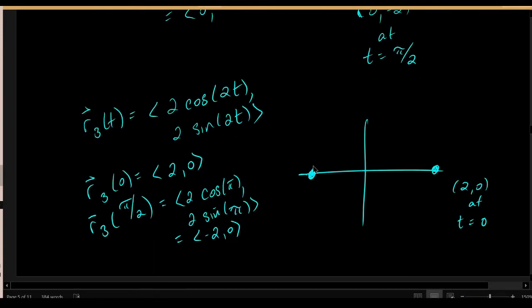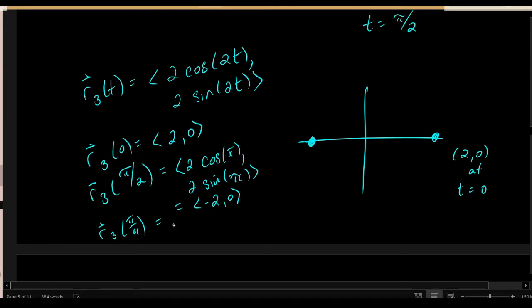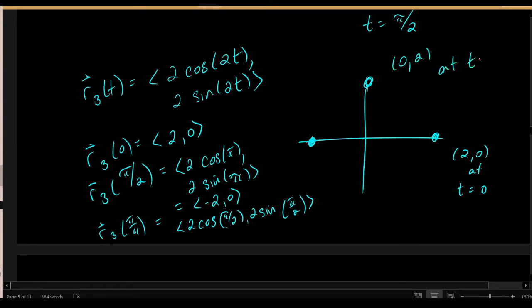If I wanted to reach the top side of the circle, then I would have to plug in a much smaller t value, pi over 4, so that when that t value is doubled, I get 2 cosine of pi over 2, 2 sine pi over 2, which does point to the top of the circle. 0, 2 is achieved at t equals pi over 4.